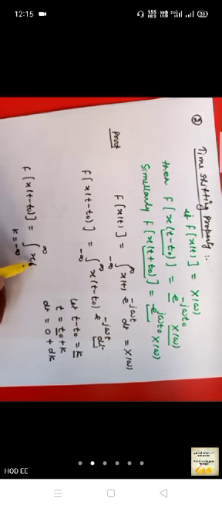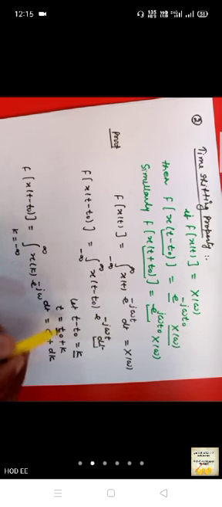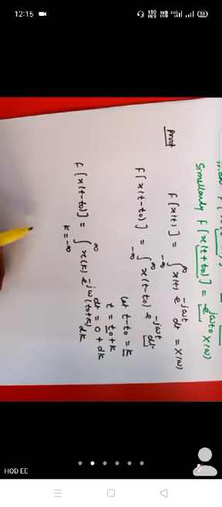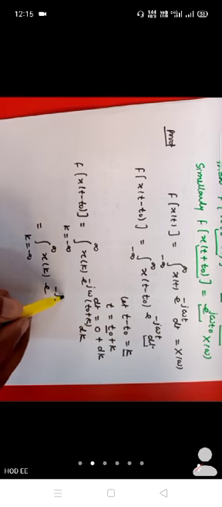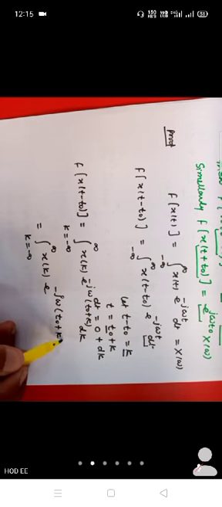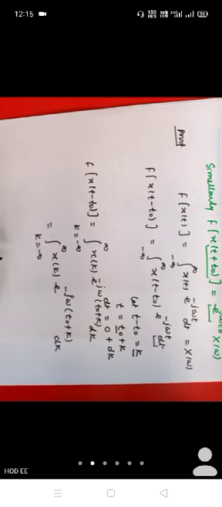Now this signal will be x(k) e raised to the power minus j omega, and we take the value of t equal to t naught plus k, and this is dk. So we are writing it one more time for clarification. k from minus infinity to infinity, x(k) e raised to the power minus j omega, where t is replaced by t naught plus k, and this is dk.